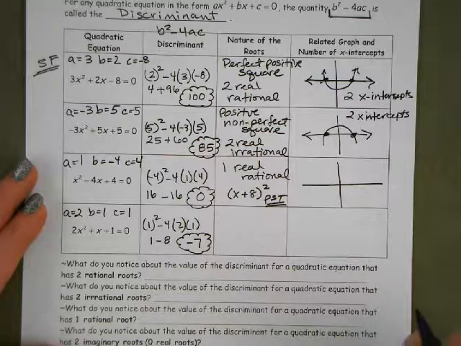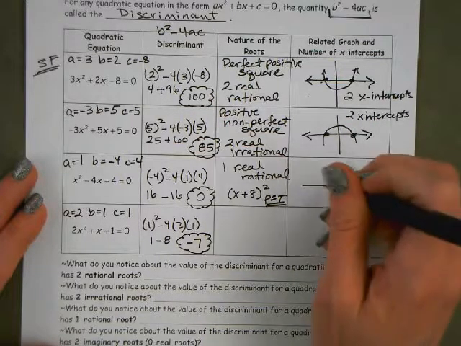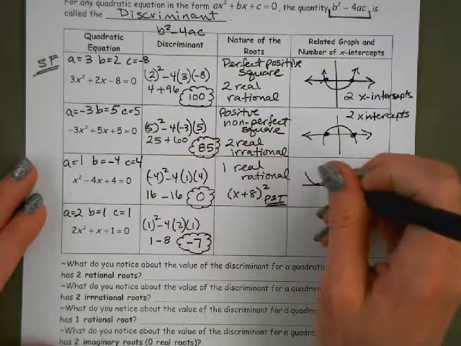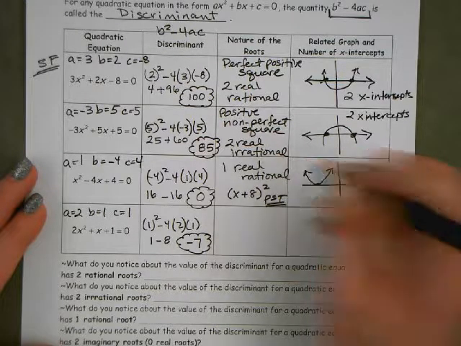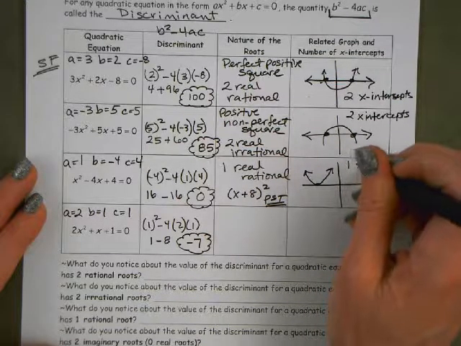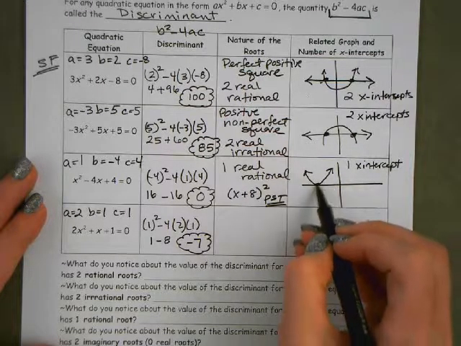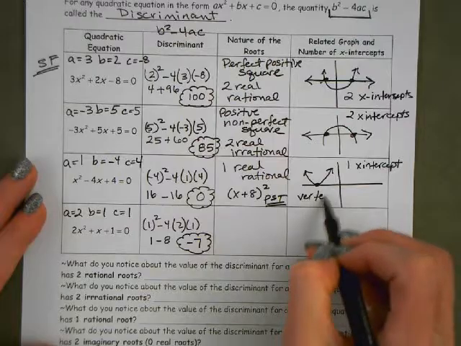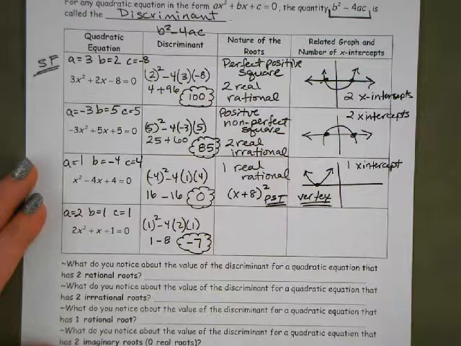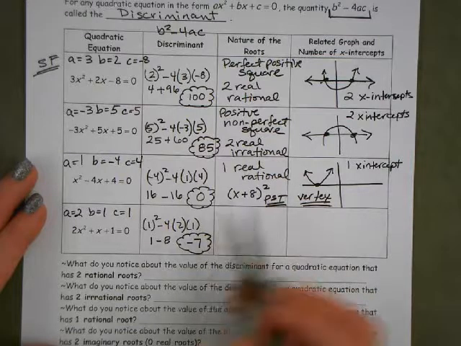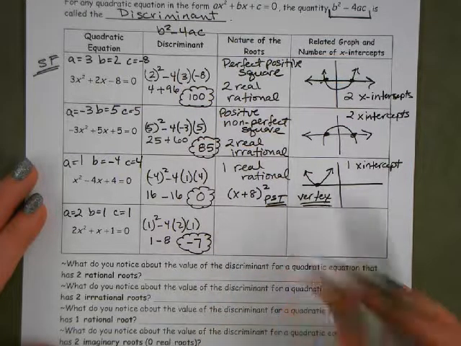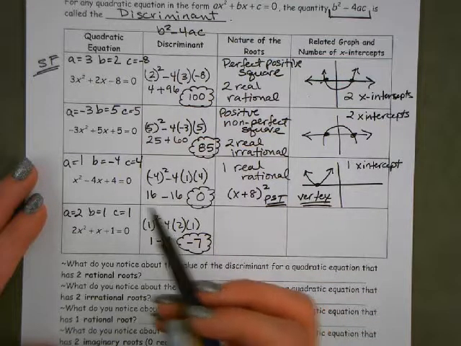So that really is saying, oh, it's over here, and I only hit the axis once. So I'll have one x-intercept. Okay, and we call that the vertex. So when you get this situation, there's only one value that's at the x-axis. There's only one 0, there's only one root.